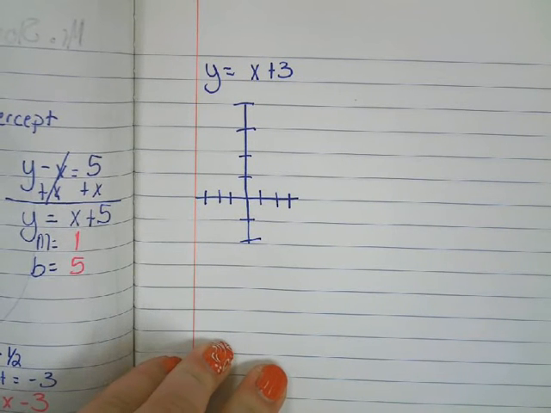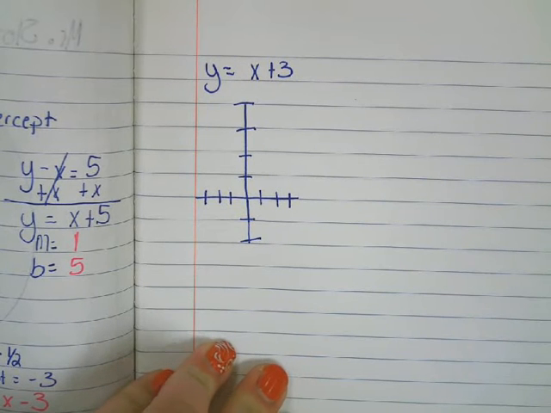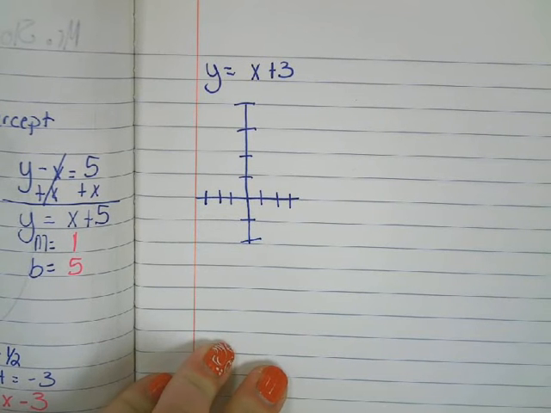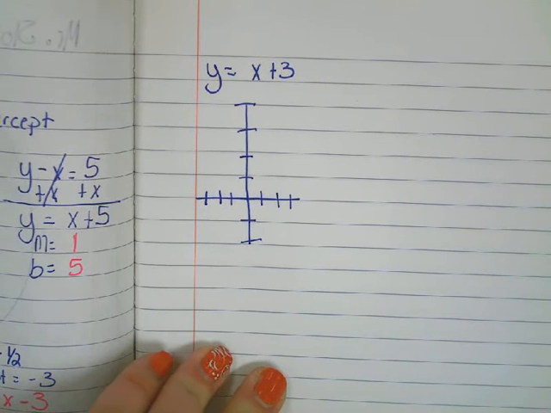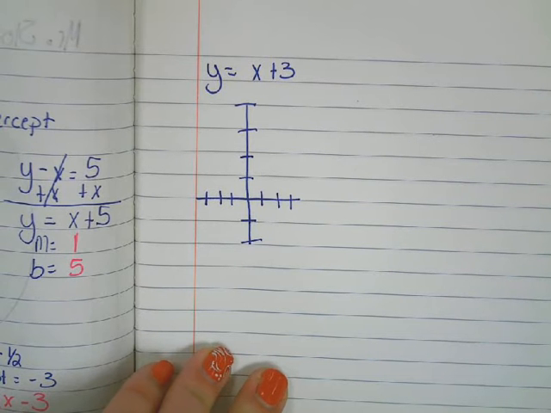So where am I going to start on this graph? No, I don't want to start at the middle. Where do I start at? 3. Why do I start at 3? Because it's your y-intercept. So we're starting at whatever this is. If it's a +3, a -3, whatever that is, that's where you start on your graph on the y-axis.